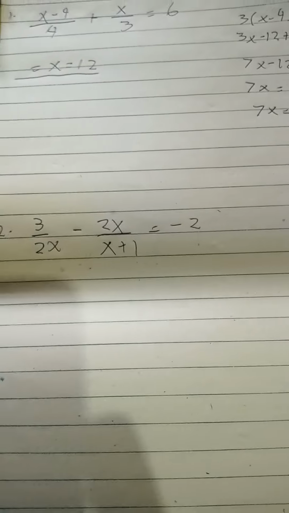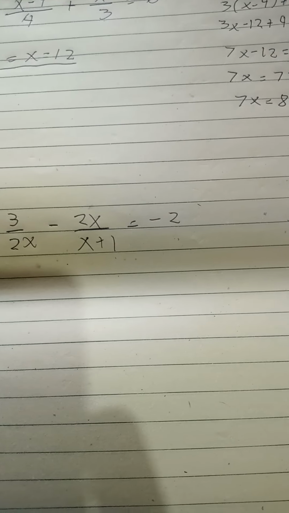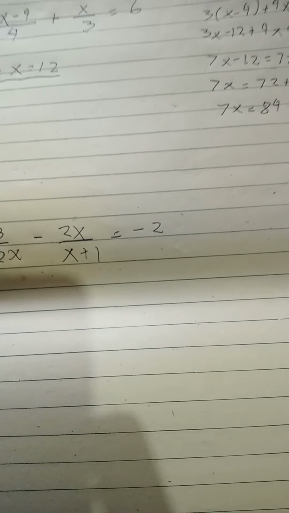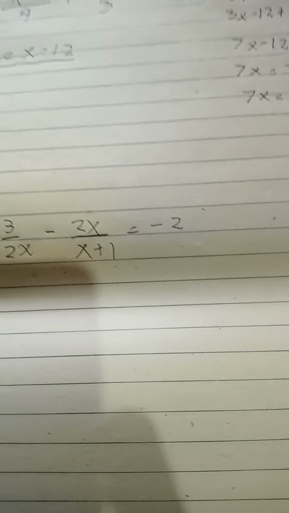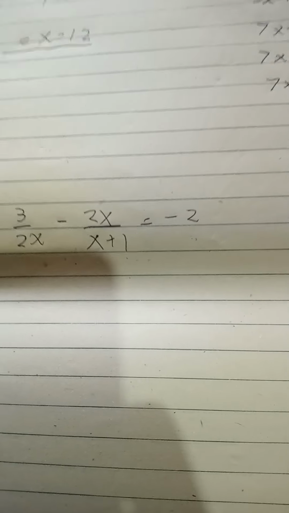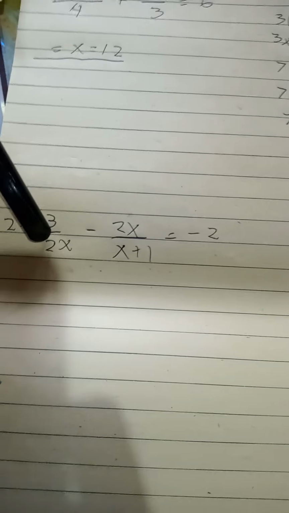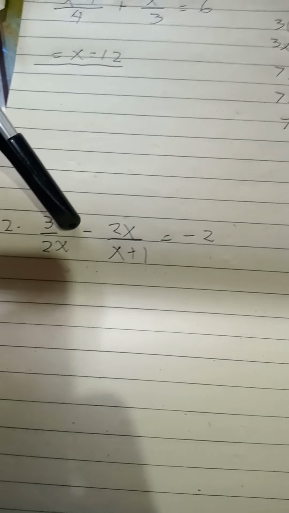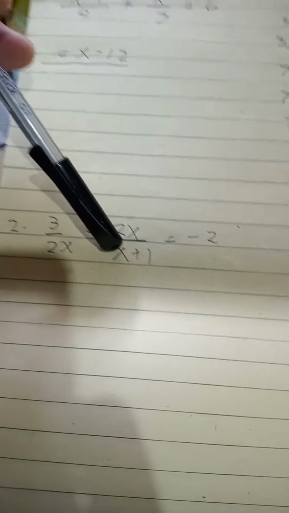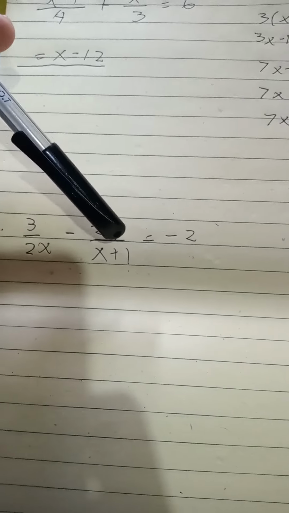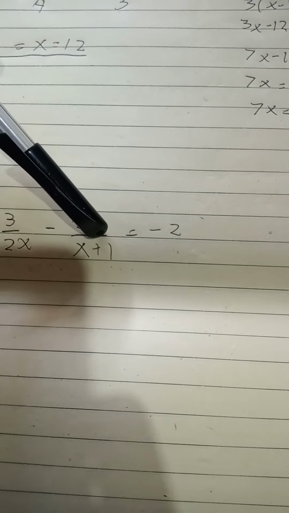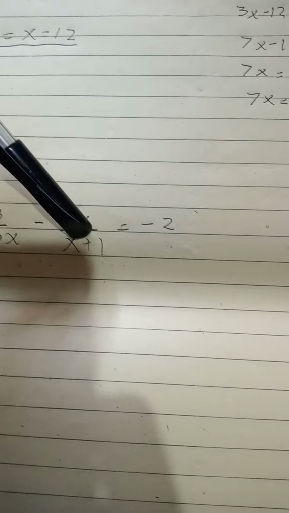And number 2, determine the defined range. So our question here is 3 over x plus 2 minus 2x over x plus 1 equals negative 2. So determine the defined range.